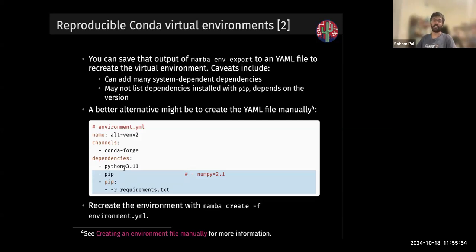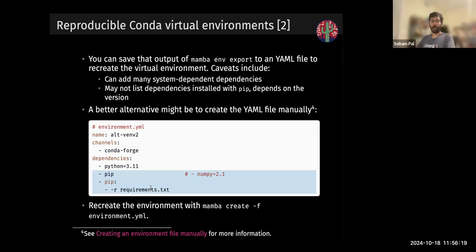So I have done Python equal to 3 point this, and then pip, and then this line is saying that after it installs pip, it will use pip to install the packages from this file.